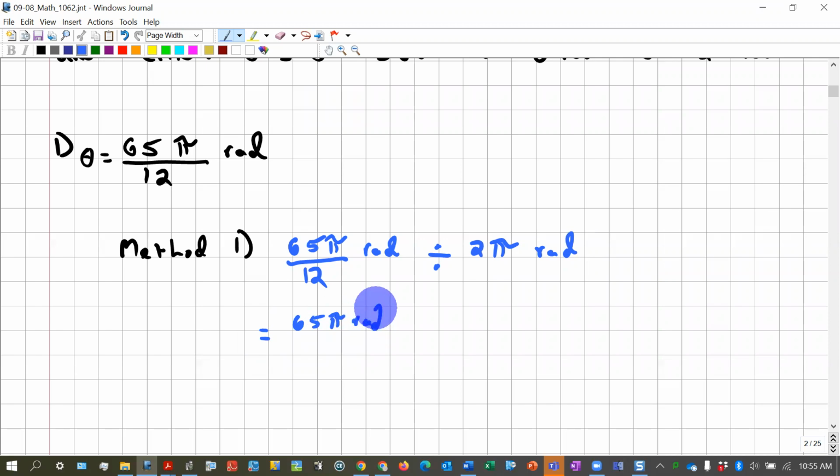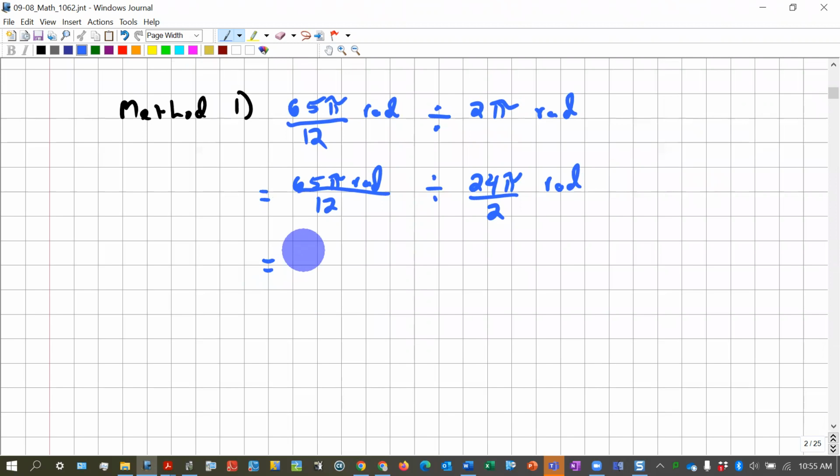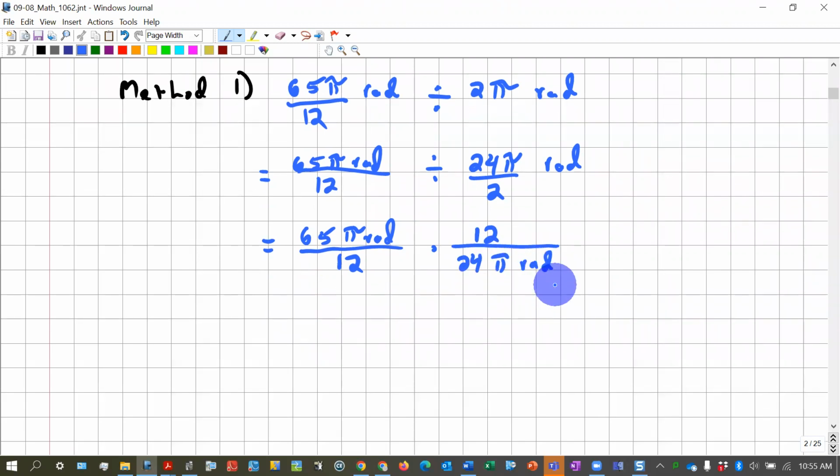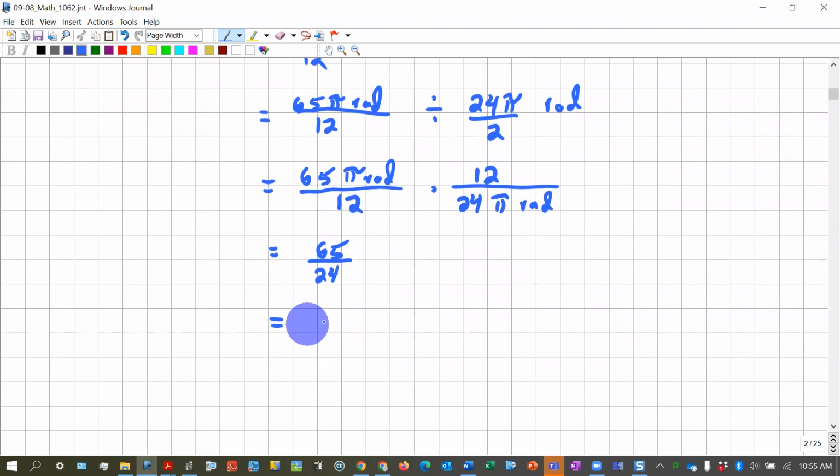It makes it a little easier if we get a common denominator, because then to do the division, when we multiply by the reciprocal, that's equivalent to taking 65 and dividing by 24. So that's more than 2 and less than 3.